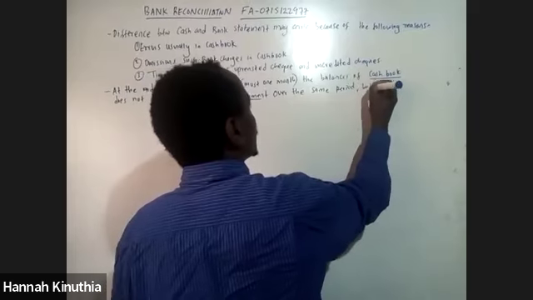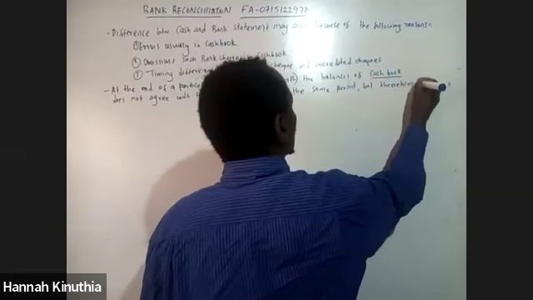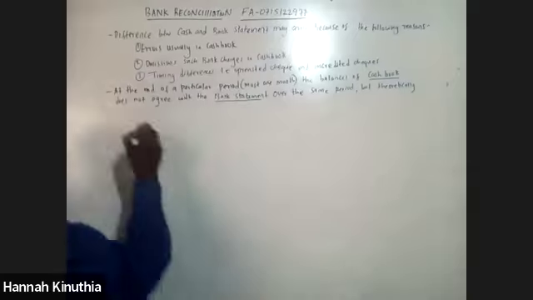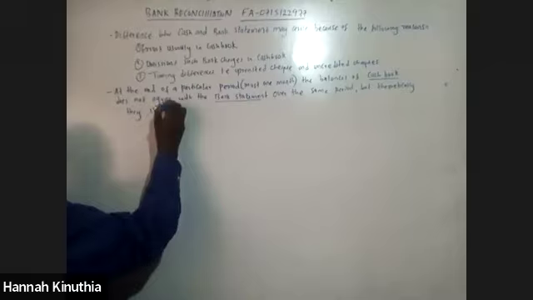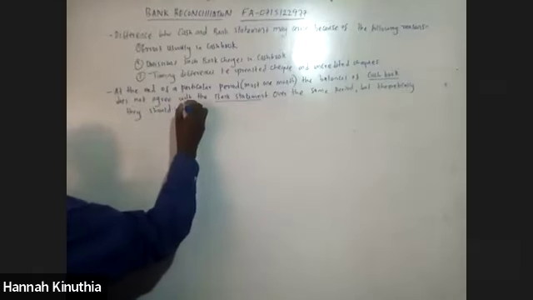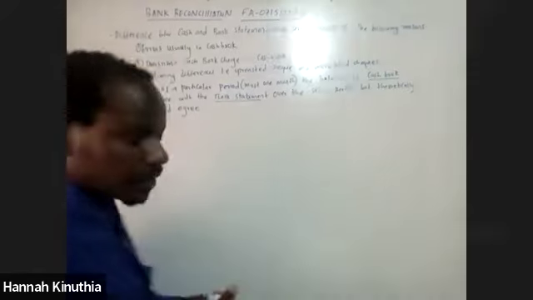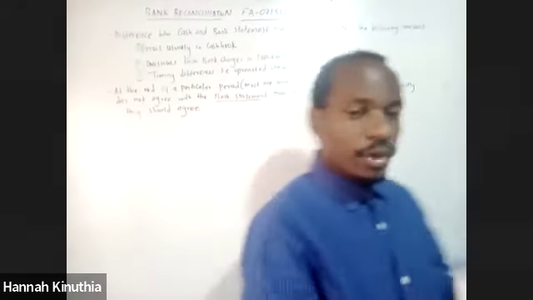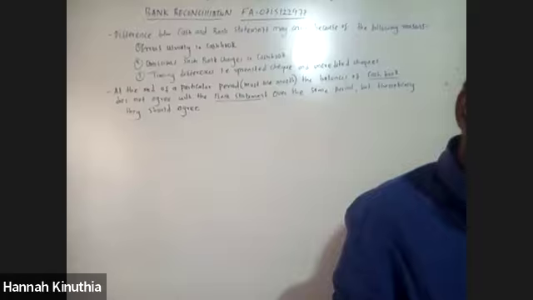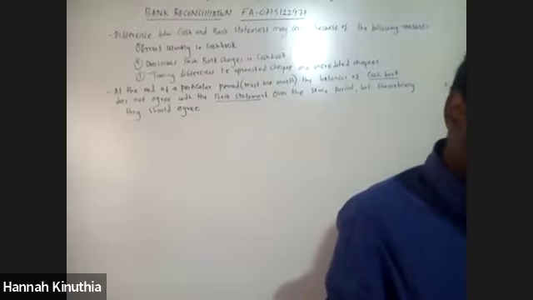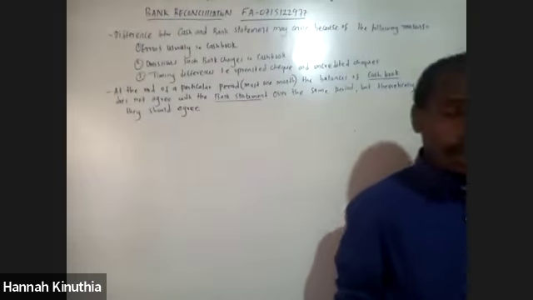But theoretically, they should agree. So in most situations, you find that the cash book and the bank statement are not agreeing. But when we look at it in a theoretical scenario, it should agree.